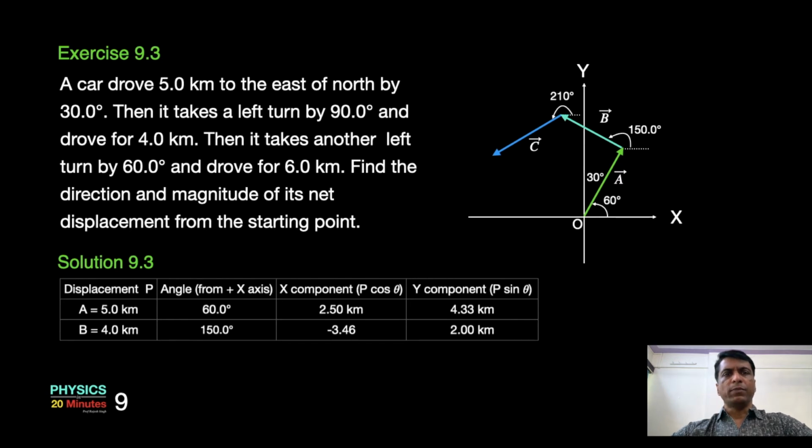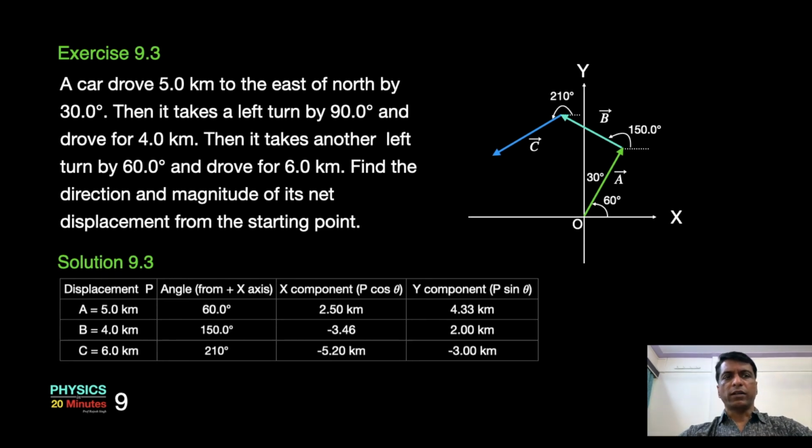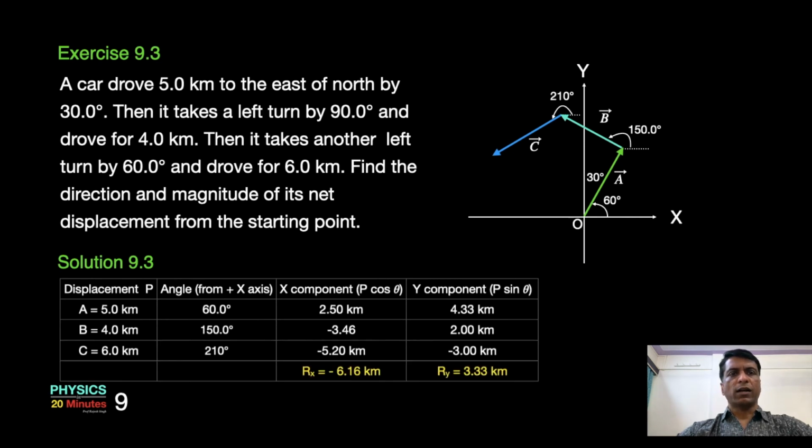So B cos 150 is minus 3.46 and B sin 150 is 2.00 km. Similarly, I can find the components of C. Now since the components of all three vectors are known, I can add them to get the x and y components of the resultant vector, that is Rx and Ry.